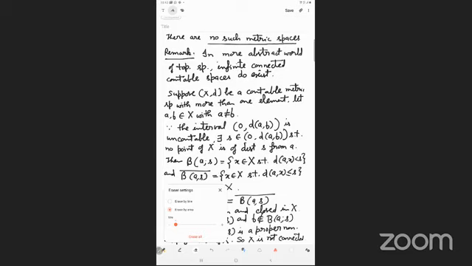Now I'm coming to some results and some simple proofs of those results. Here I'm going to discuss some relation between connectedness and continuity.